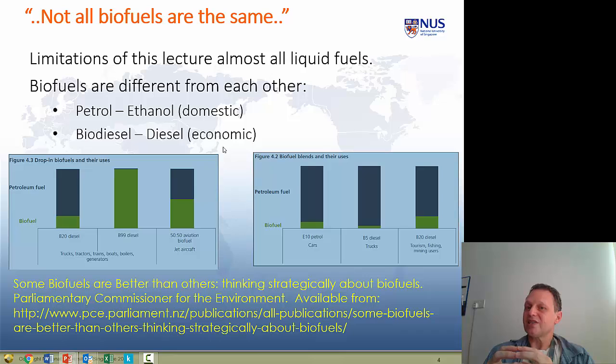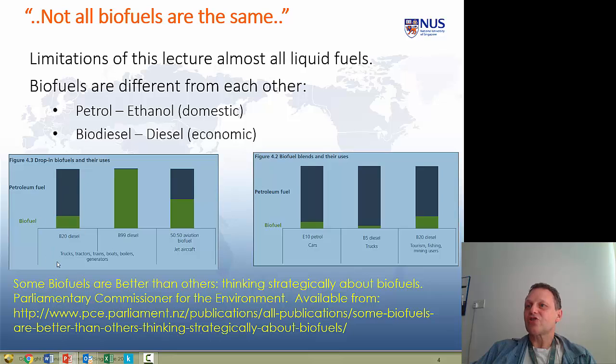You'll find your carburetors begin to rust, a whole bunch of things. So to protect your engine guarantee, there are a number of agreed mixtures of biofuels with fossil fuels at certain specifications which allow you to use biofuels.